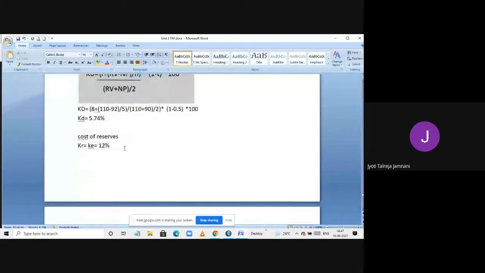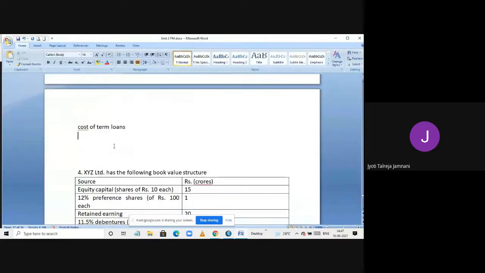KT, term loan, is equal to 12% into 1 minus tax, that is 50% is the tax rate. So 12% into 1 minus 0.5, you'll get 6%.